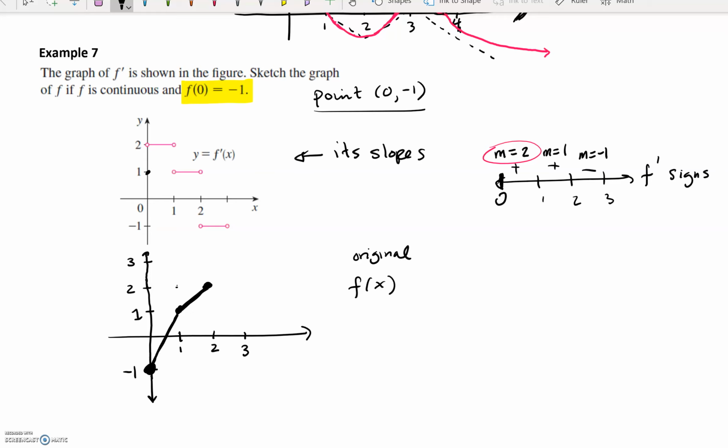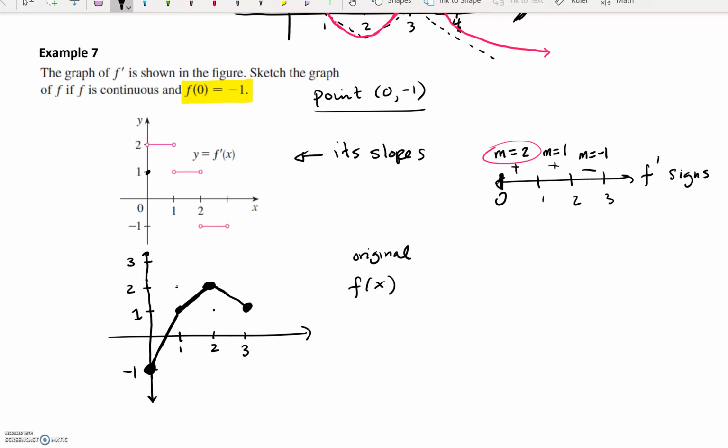And then between 2 and 3, I'm going to a -1 slope, because my derivative has a constant value of -1, meaning my slope is -1 over the entire interval. So from this dot, I'm going to make a slope of -1, down 1, 1 to the right.